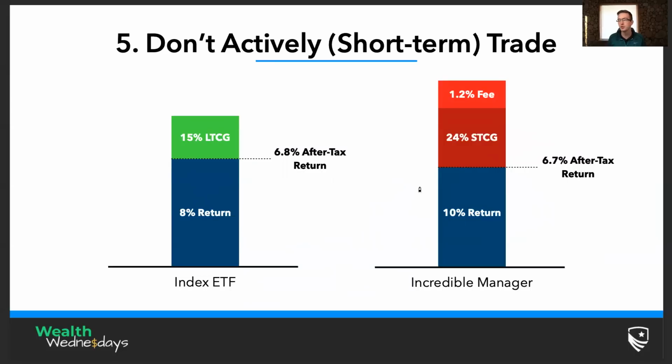Now, let's compare that to an incredible manager, an incredible mutual fund or fund of some sort. And typically, obviously, that they're incredible, they're going to have a larger cost. If you have a track record of doing very well, you can charge quite a bit in order to continue to do well. So let's say on a gross return basis, this is outperforming that given index by 2%.